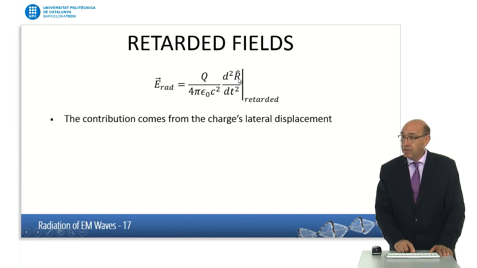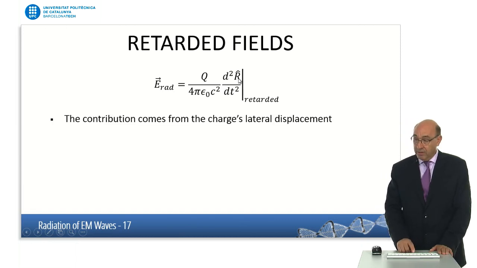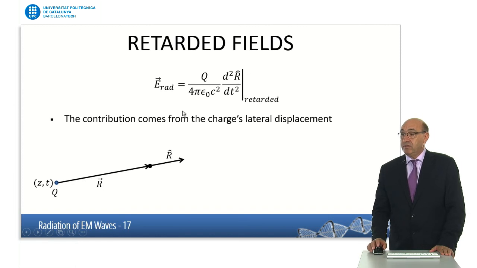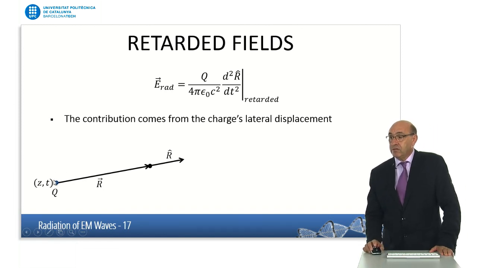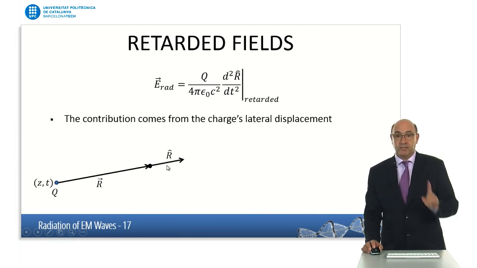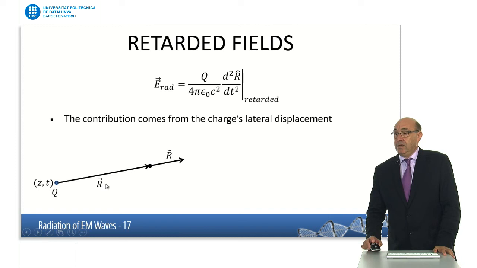Just to make a simple drawing, consider the charge at a point, and the observer here. Those are the vectors we have mentioned before, r and the unit vector r. Those two vectors point in the same direction. The only difference is that the magnitude of this one is just 1. And the charge is here.